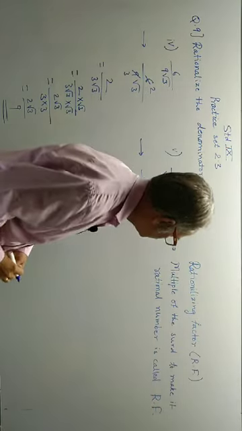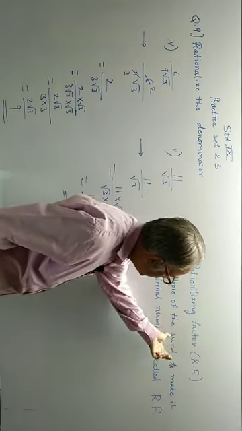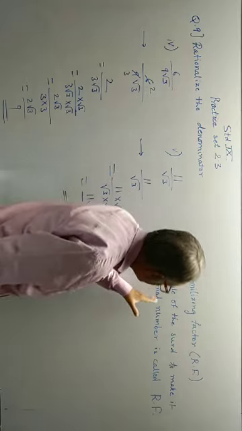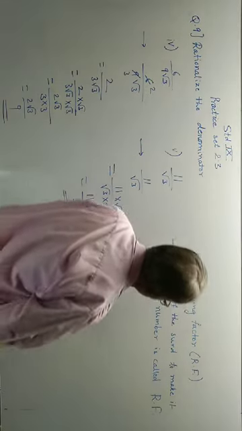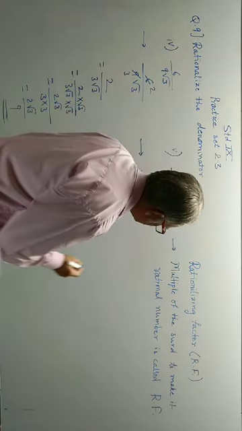The definition, I have given you in short: we have to multiply the surd by some number to make it a rational number.